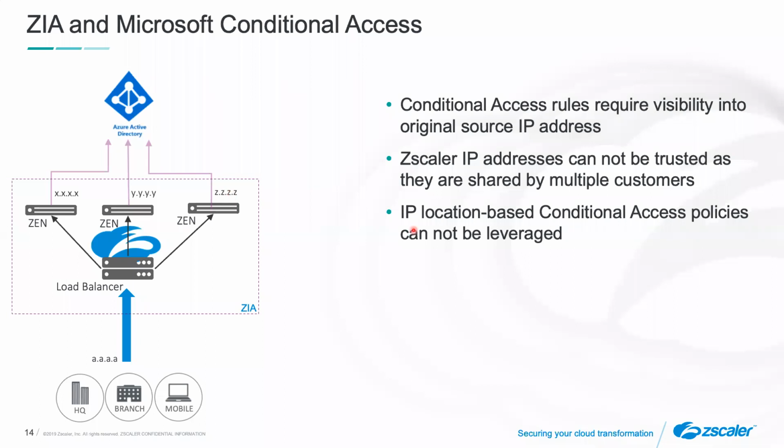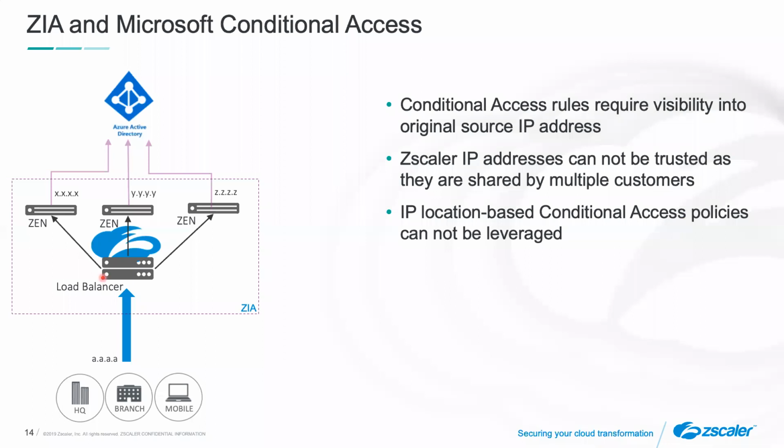So we already talked about IP location based conditional access rules. We already talked about the use case that these are used when you want to make very specific conditional access rules that want to control the access based on the location. And the location is determined based on source IPs.